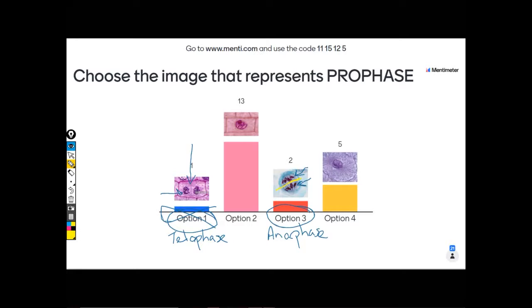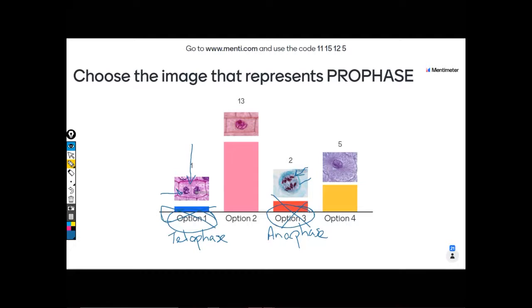And I can even look very dramatically like they have a tug, a direction to them. So that's my anaphase. So you can see that space. Very good. All right.